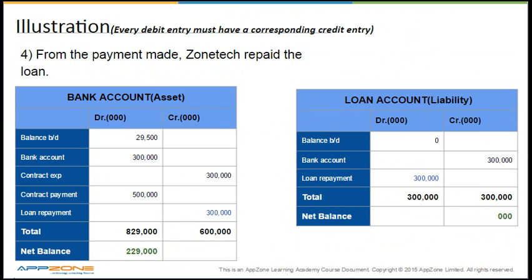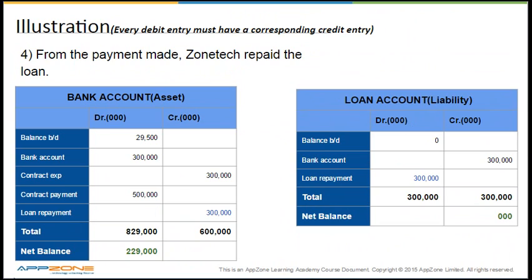It is money borrowed from the bank. Paying this money back, the giver now is our bank account, giving to the loan account the sum of 300 million. So we will be crediting our bank account to that tune, and we will be debiting our loan account to the tune of 300 million.